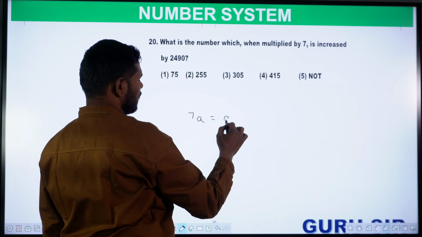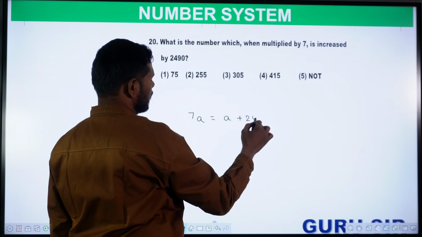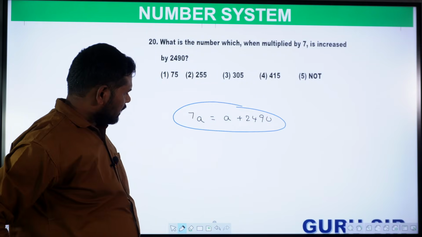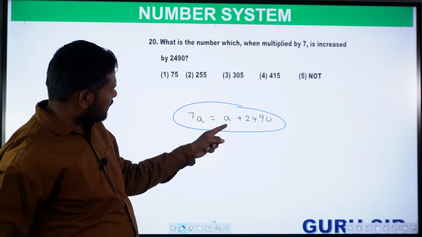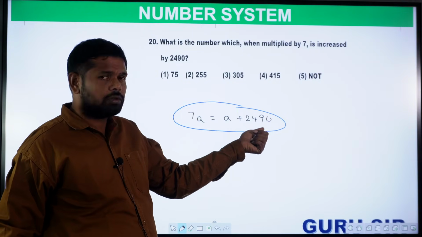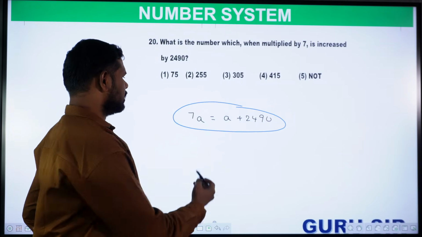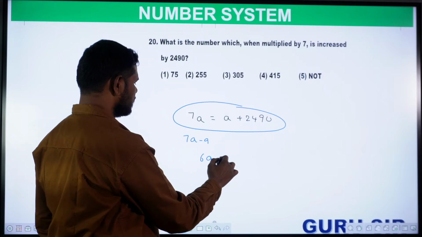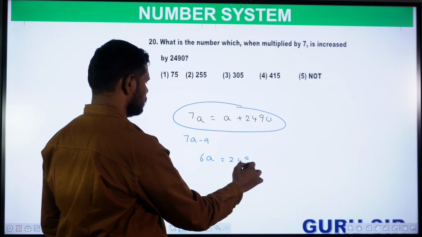That is nothing but A plus 2490. Writing this is important. If it is multiplied by 7, that number is increased by 2490, and increase means addition. So A comes to this side: 7A minus A, nothing but 6A, equals 2490.